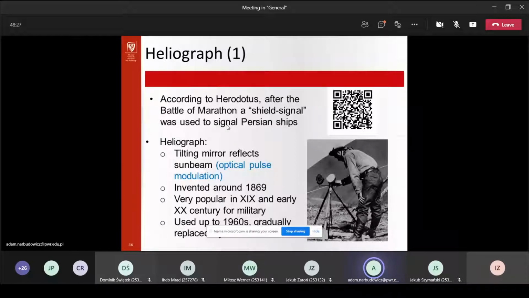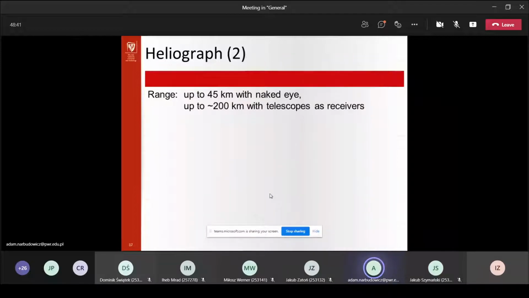However, the proper device, as you can see it here, was discovered in 1869, and it was very popular in the 19th century, mainly due to its simplicity. The range was up to 45 kilometers. However, you could use telescopes as a receiver to increase it up to even 200 kilometers.